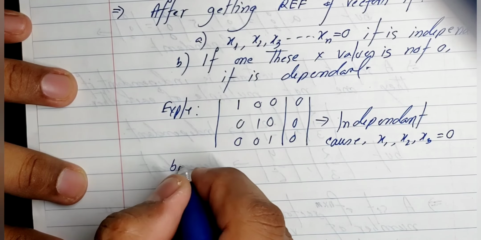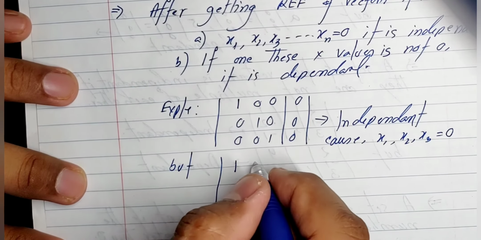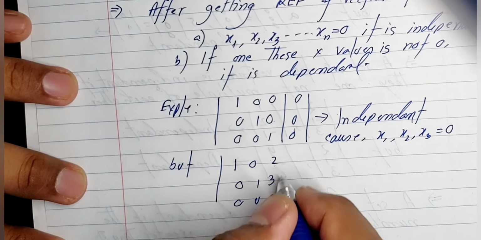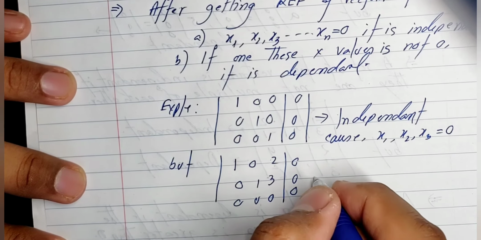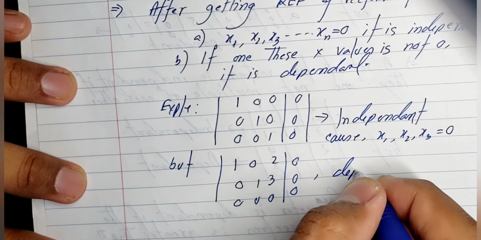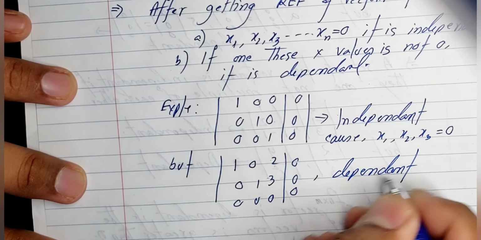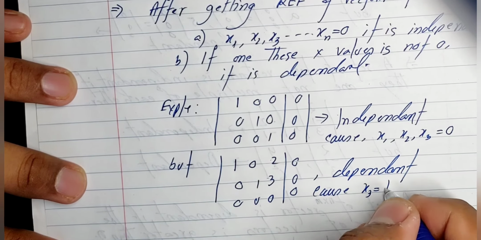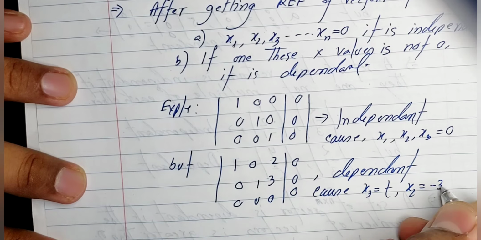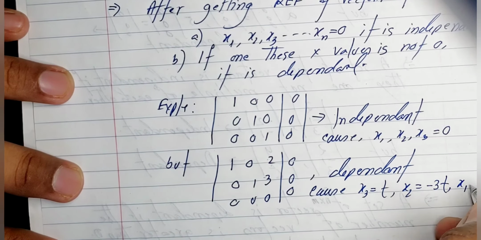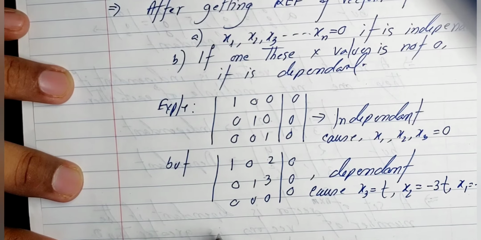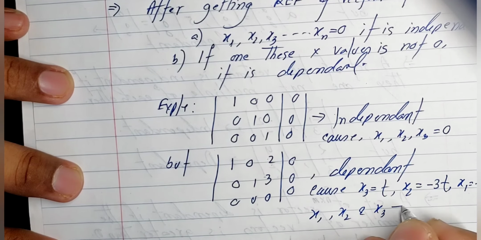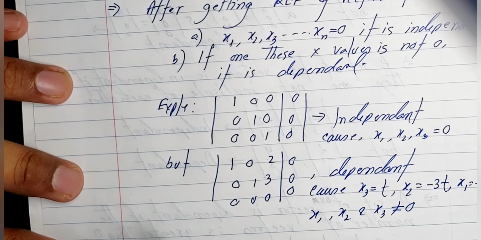But if you get the row echelon form of the matrix in this form, here it is dependent because your x3 is, suppose, t, your x2 is negative 3t, and your x1 is negative 2t. So you don't have x1, x2, and x3 all equal to 0. That's the reason it is dependent.